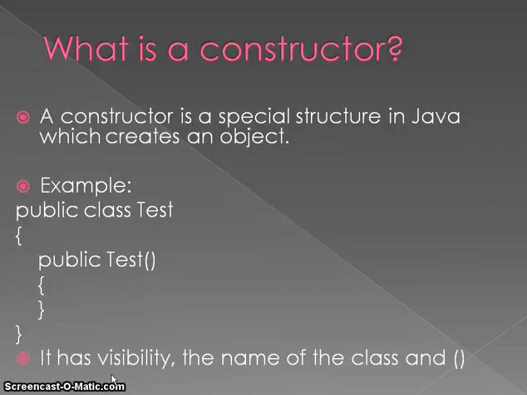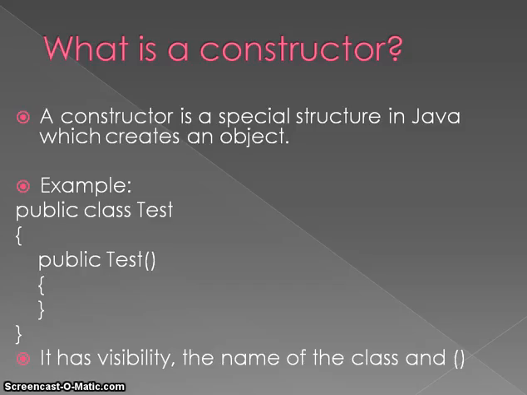A constructor is the part of the system that creates an object. A constructor is a special structure in Java. The structure for a constructor has two parts to it: the visibility, in this case public, and the name of the class including case sensitivity.